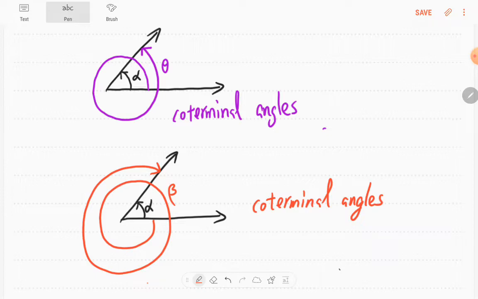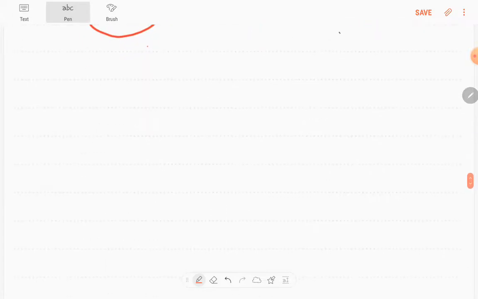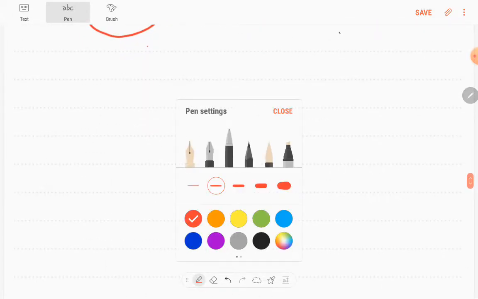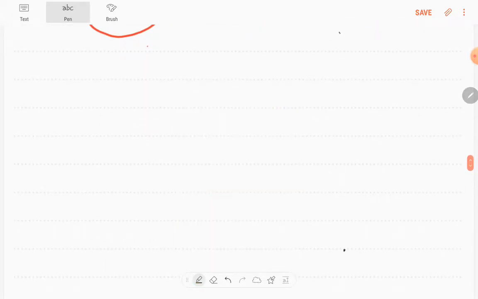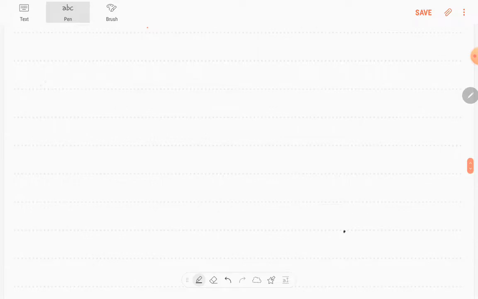Now let's look at placing our angle in the xy coordinate plane. This is called the standard position of the angle. This is remark 3.